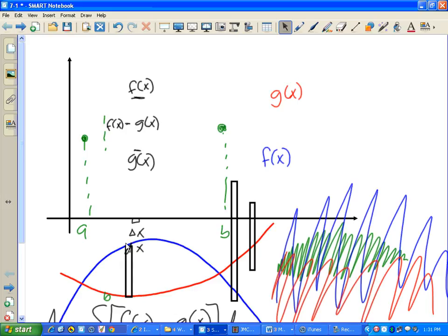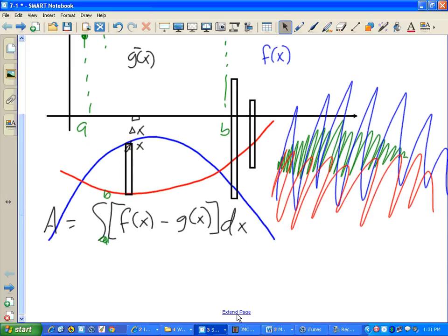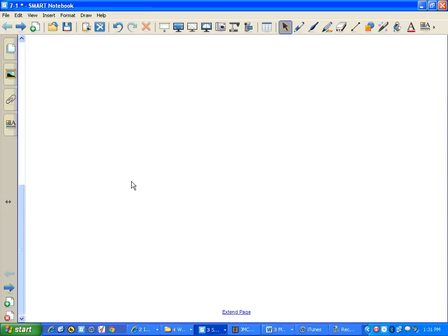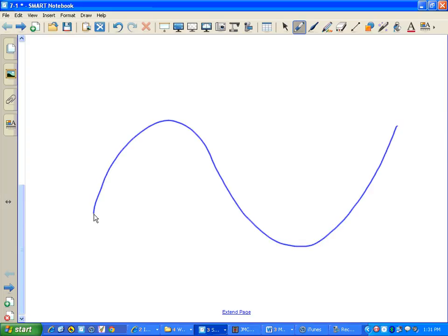Okay. The next thing we need to look at is, let's say we've got some curves that intersect in more than one place. If we have this kind of situation, we're going to have to find the 3 points where they intersect.